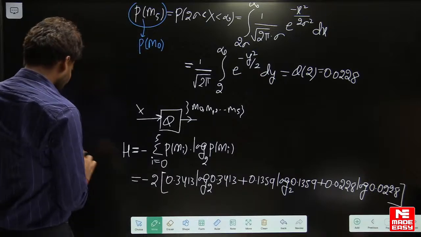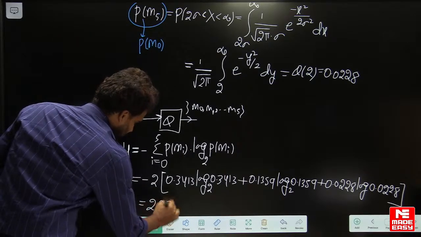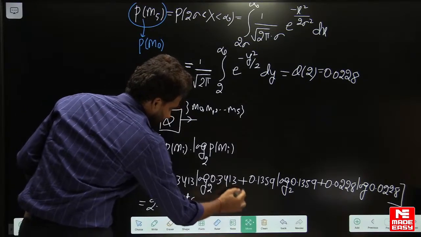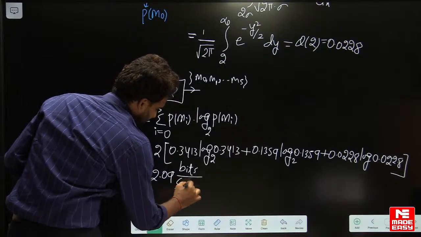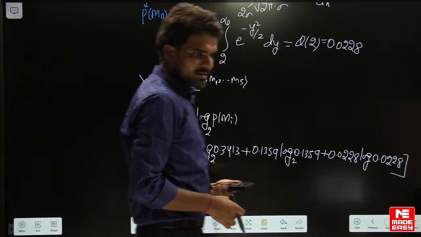If you do this, it comes to 2.09 bits per sample. This is the entropy at the quantizer output.